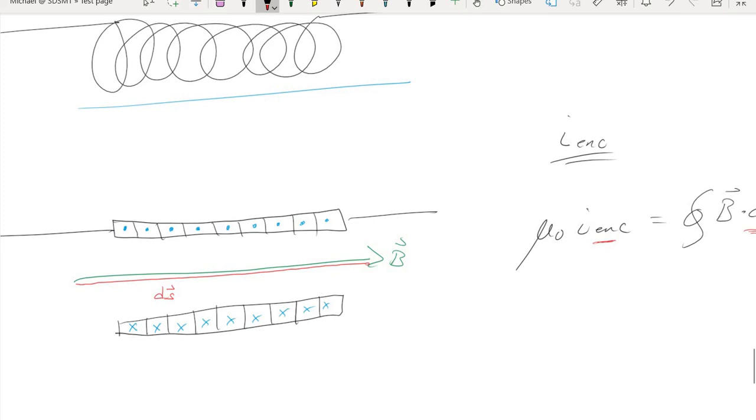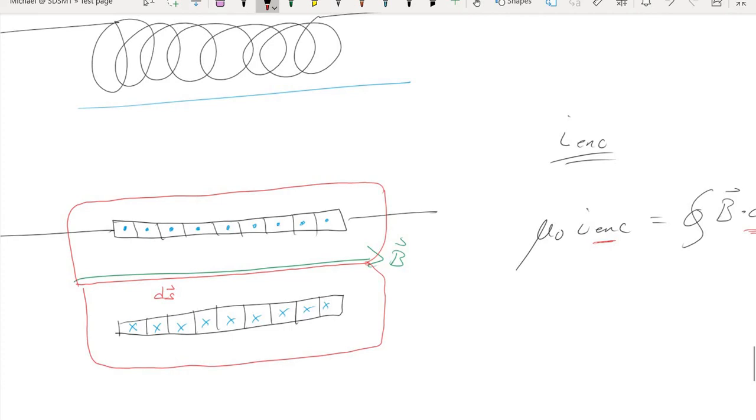And at this point, my options are two. I can either take my Amperian loop and curve up so that I can enclose all of the top portion turns of the coil, or I could curve down and enclose all of the bottom portion turns of the coil.